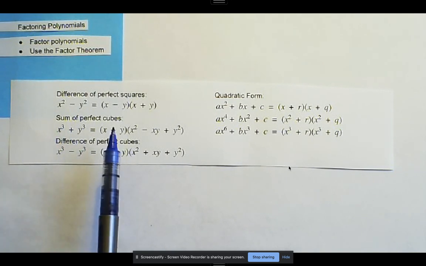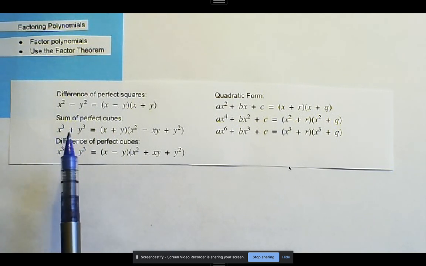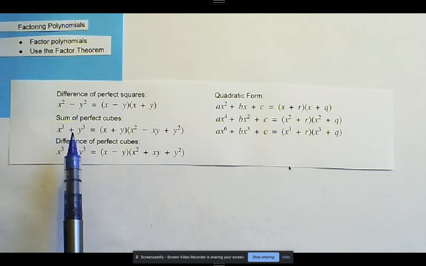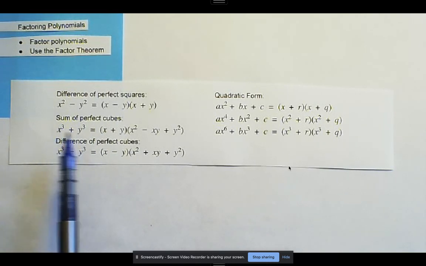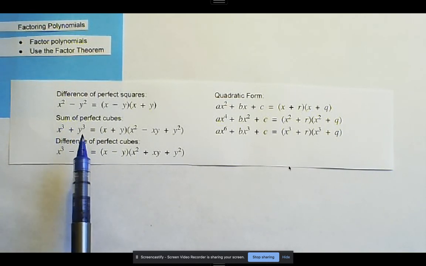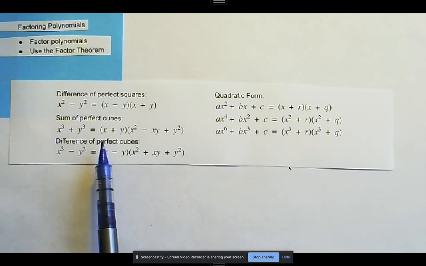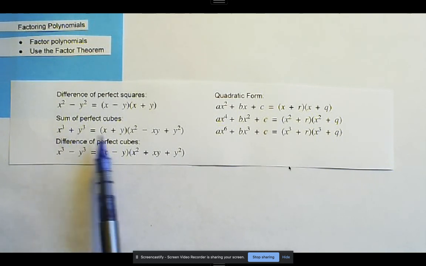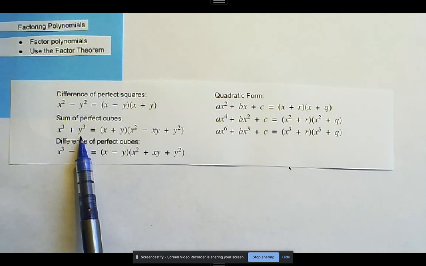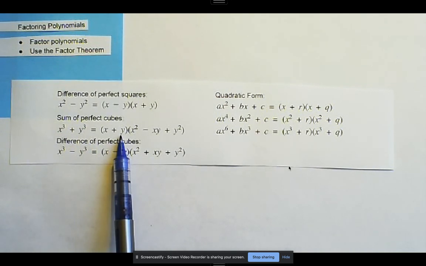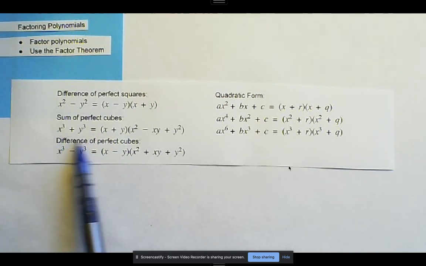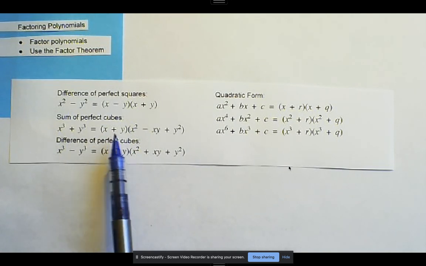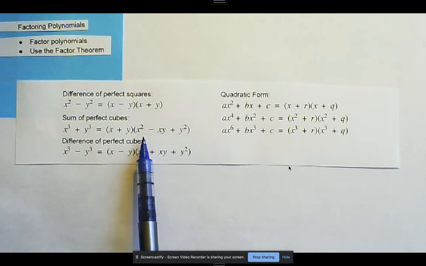If we have the sum of perfect cubes, now this time we're talking about adding two perfect cubes. In this case, we have x cubed and y cubed. The cube root of x cubed is x, and the cube root of y cubed is y. Now, once we have these values here, we use these values to figure out what our trinomial will be.